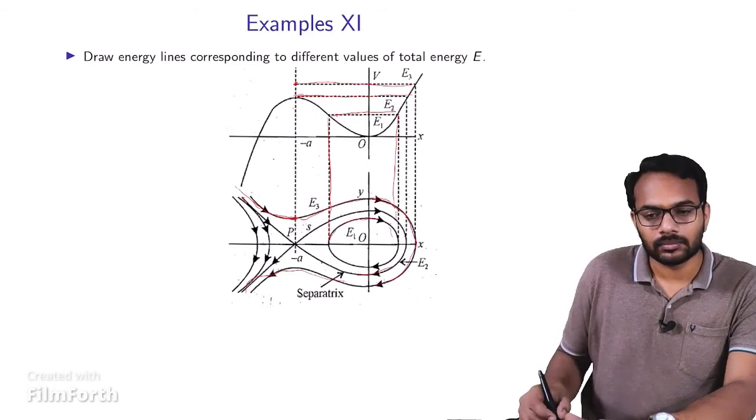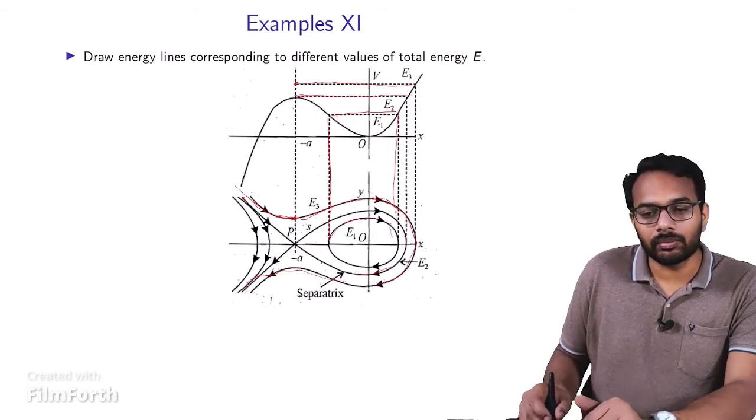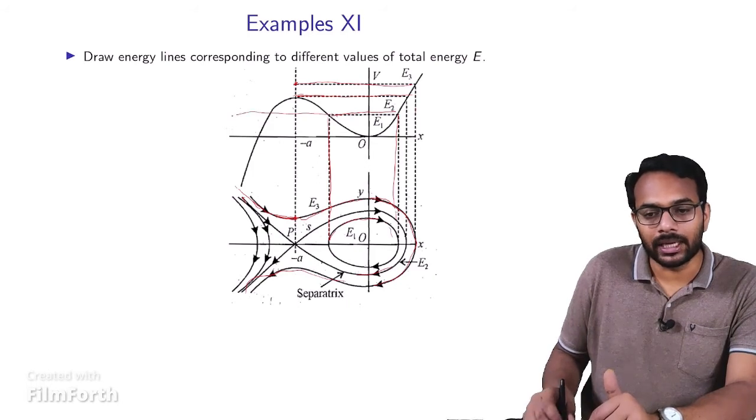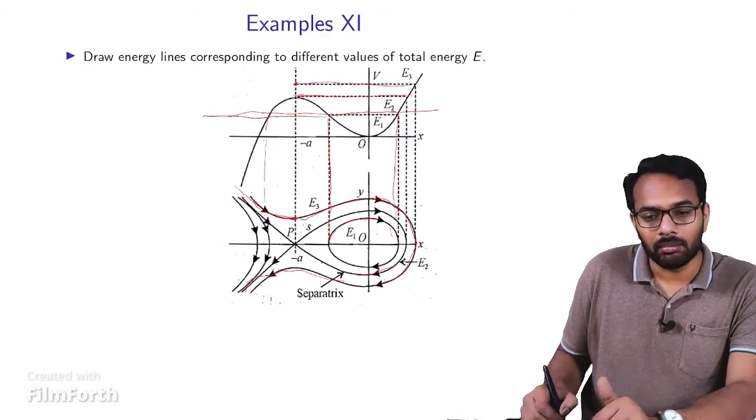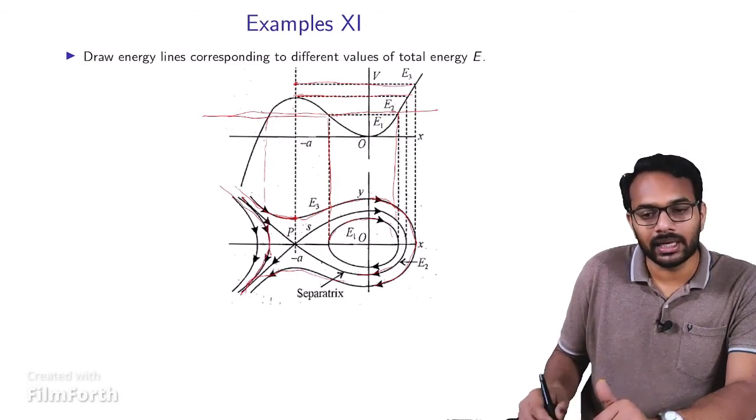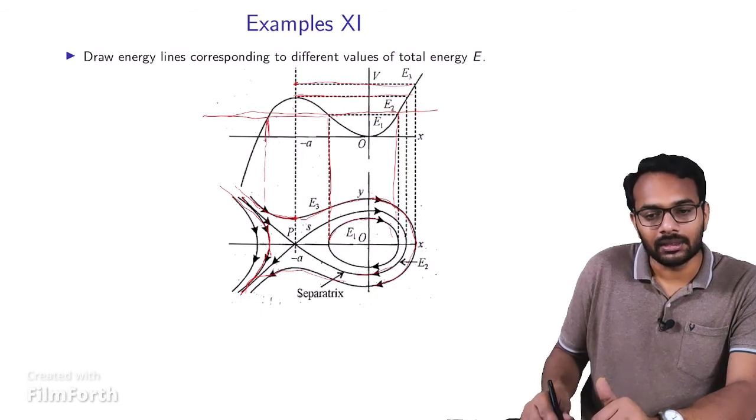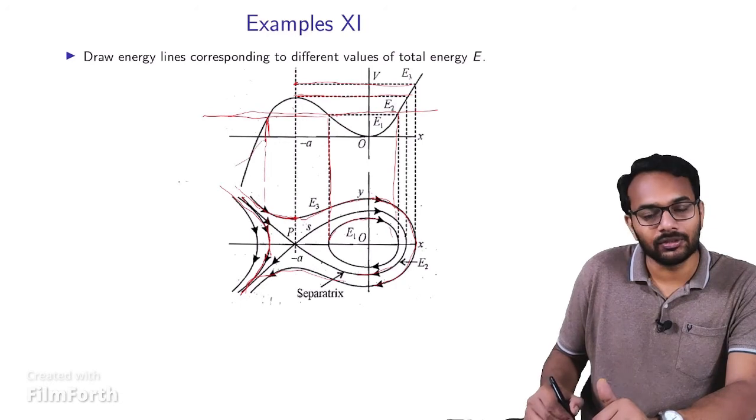Now we can think of particles with energy E2 again, which are outside, coming from minus infinity, and you will see that it comes from plus infinity, and it has a classically forbidden region and it goes back. Because at this point the particle coming from minus infinity, the momentum will decrease, and then it will go back.